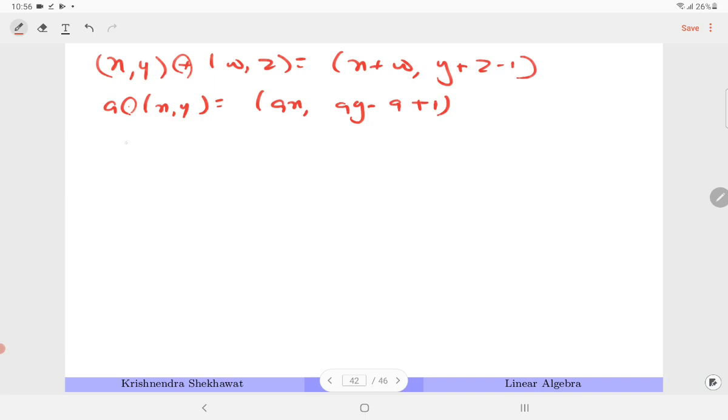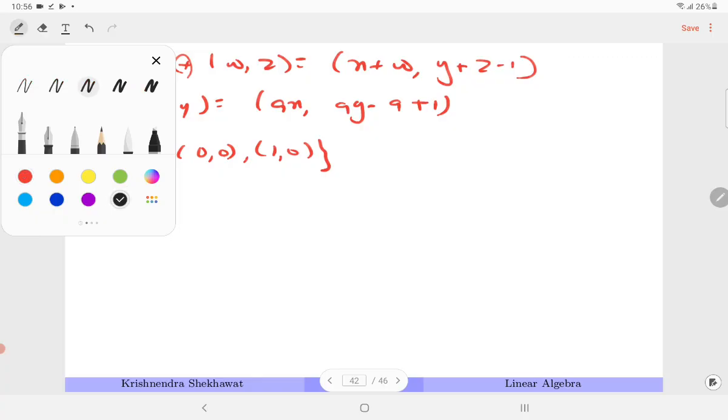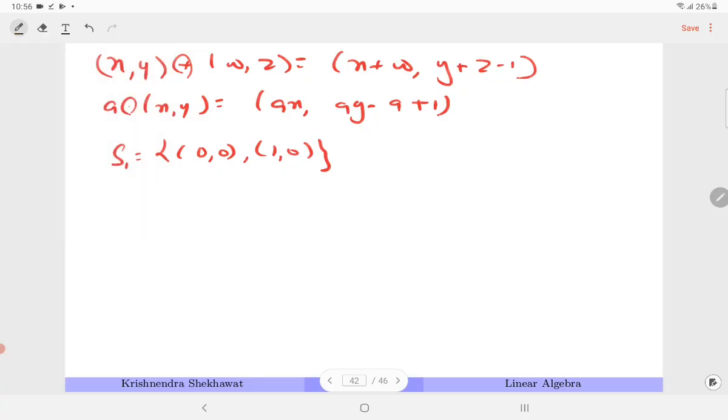Set S1 is 0, 0 and 1, 0. If someone does not recall the concept of the vector space, they get confused and might directly write down S1 is LD because it contains the 0 vector 0, 0. But this is not true, because 0, 0 is the 0 vector only under usual addition and scalar multiplication.